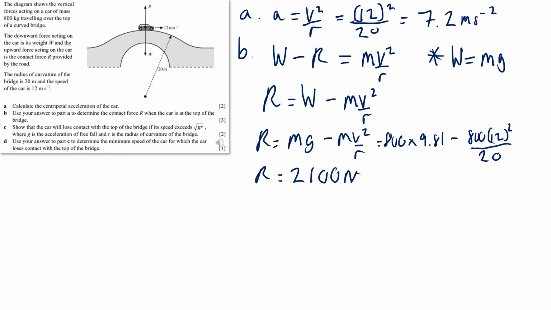Okay, so if the car loses contact with the surface of the bridge, what that means is that the contact force goes to 0. So let's just write that down. Part C. When the car's on the bridge, we have this situation: W minus R is equal to mv squared over r.